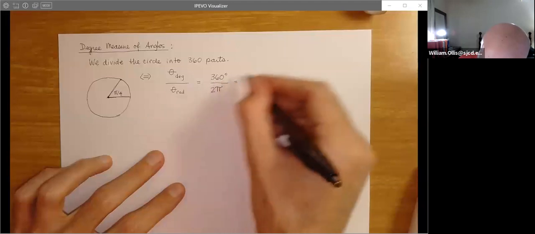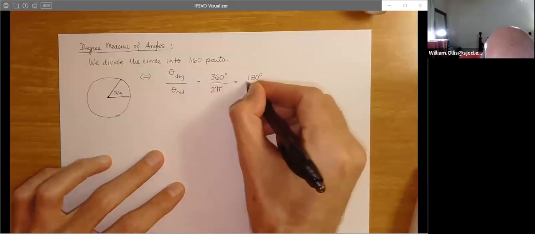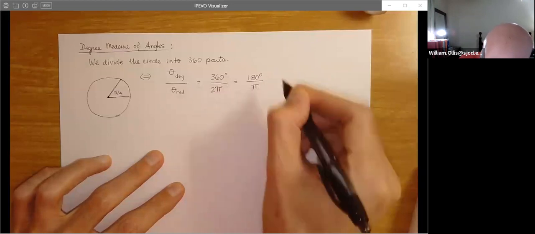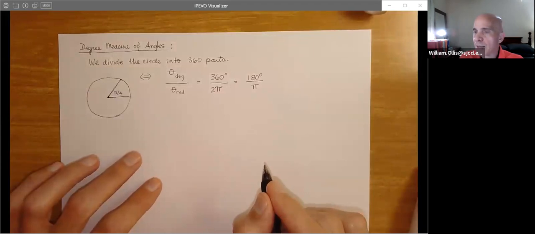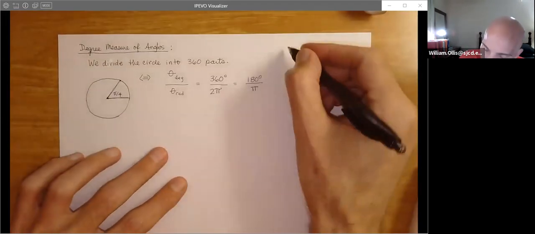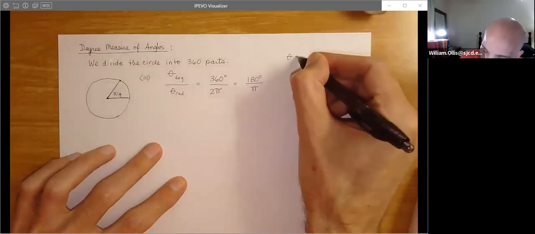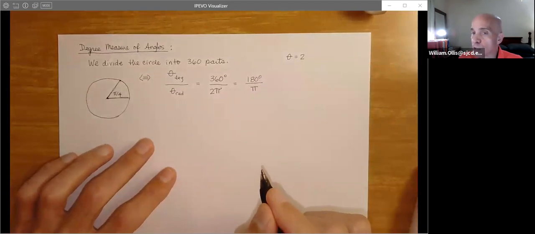But again, the 2 will absorb into the 360. So this will be 180 degrees divided by pi. So that'll be a conversion factor. Now, again, this is really important because if I said theta equals 2, that means theta is 2 radians, ladies and gentlemen.